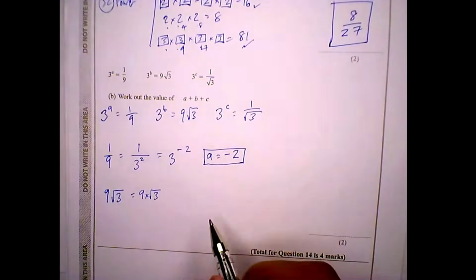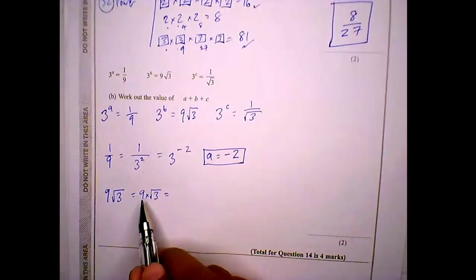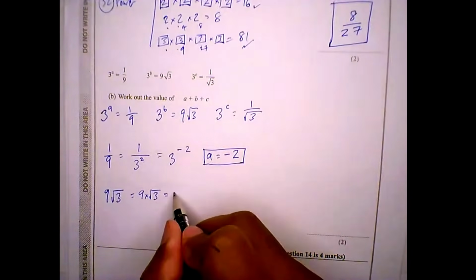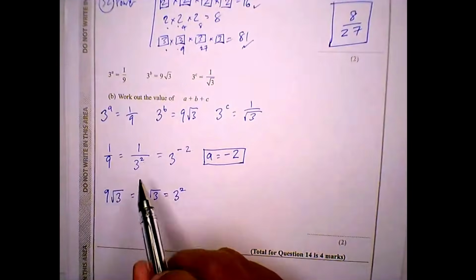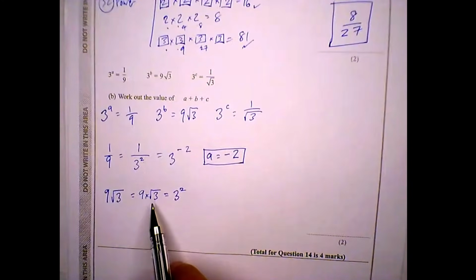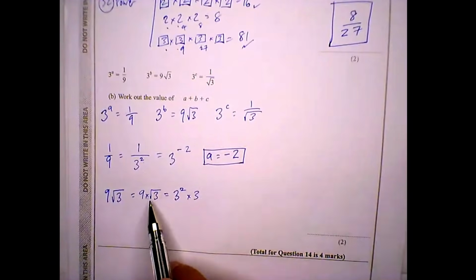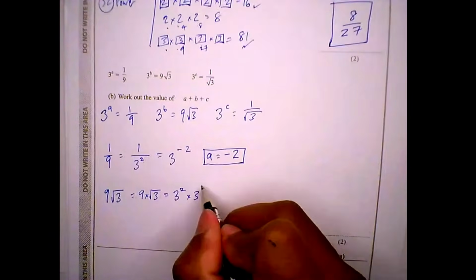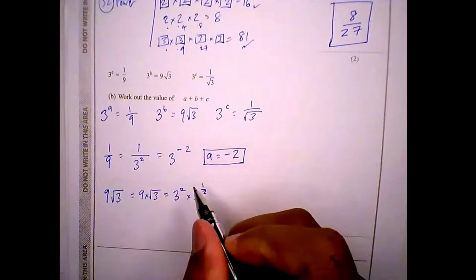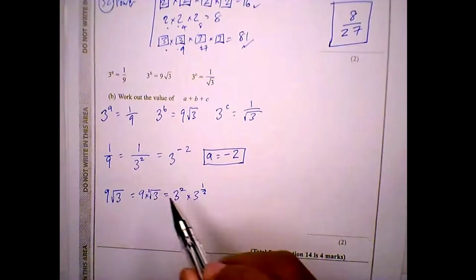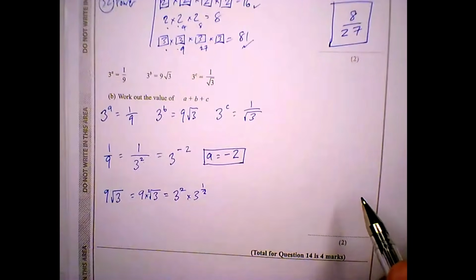So now what's the next thing? 9 is 3 squared, so we've done that before here. Now remember the shortcut. If we have a square root, the shortcut is a half. Or roots have an invisible 2 there.